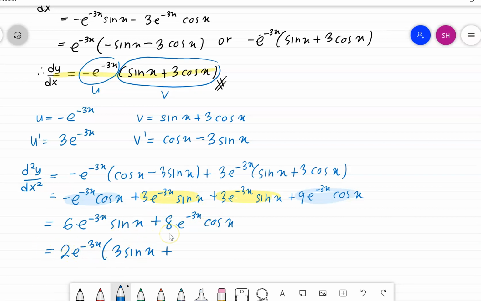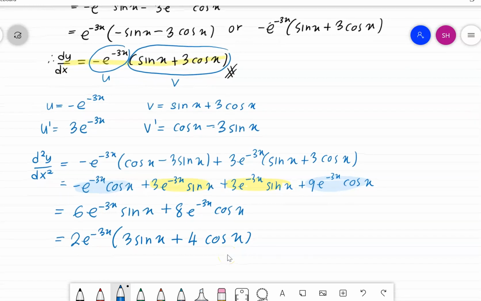To get 8, we times by 4. And then we factorize e to the negative 3x, then need to times by cos x. So this is our final solution. Okay, please make sure you factorize lah, give your answer in the simplest form.